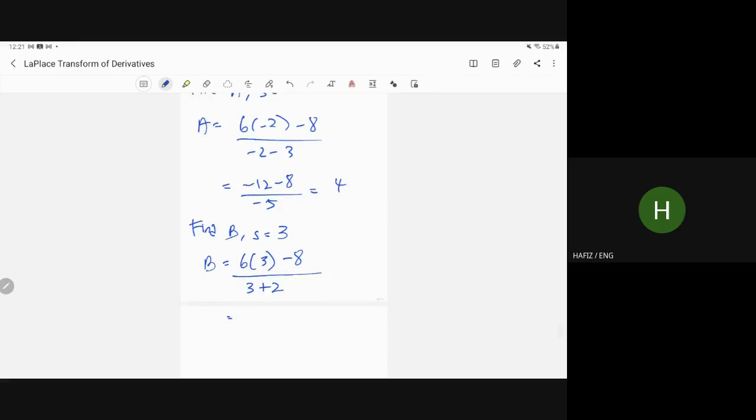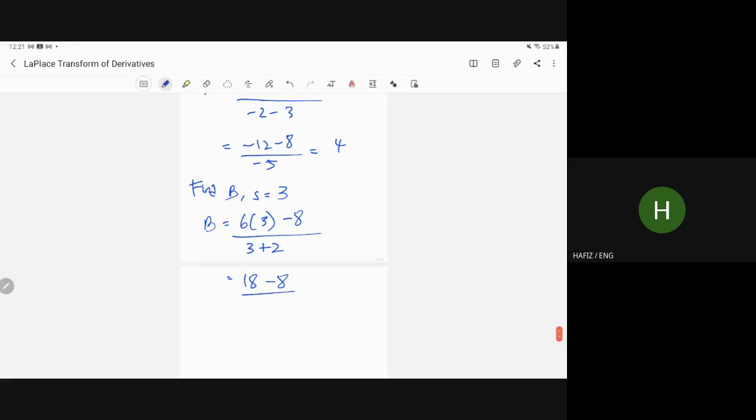So we have 18 minus 8 over 5. 10 over 5 is 2. So A is 4 and B is 2.